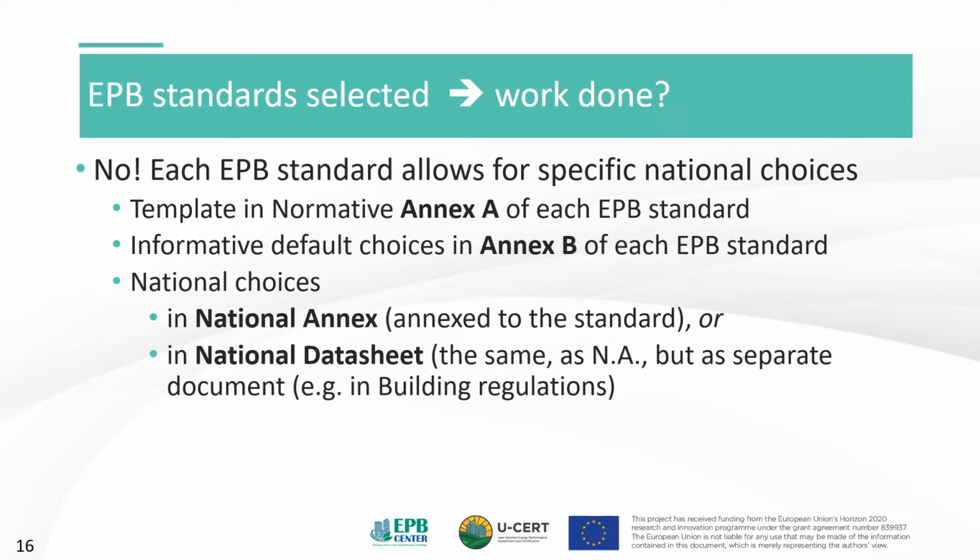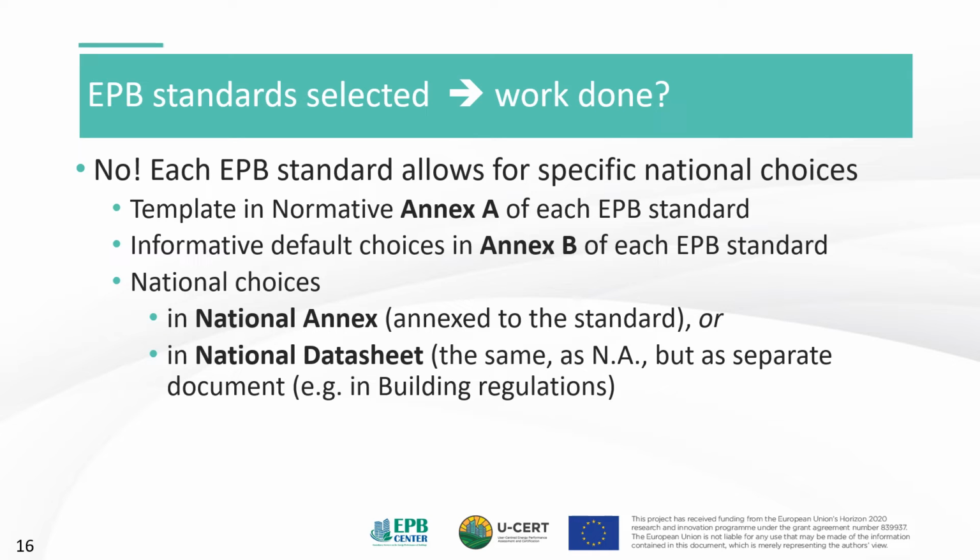So then you can make national choices either based on the default choices in Annex B or replaced in the national annex, which is a document annexed to the standard, or in national data sheet, which is the same as a national annex. These terms are often mixed up, but that doesn't matter.